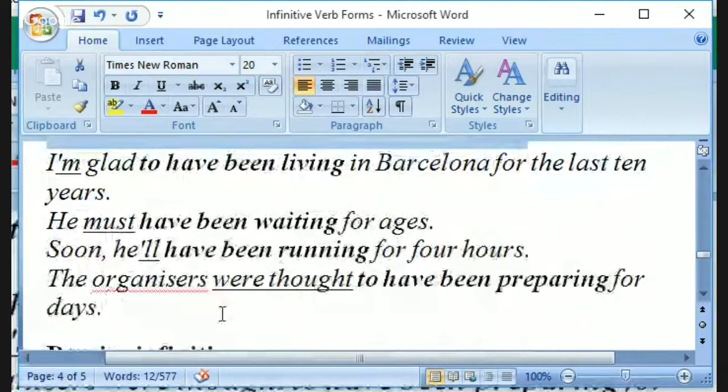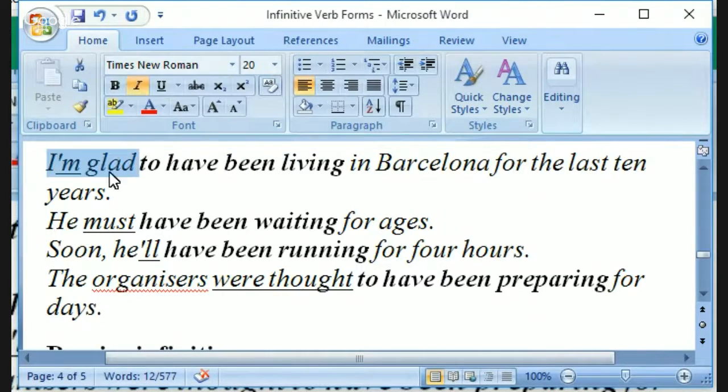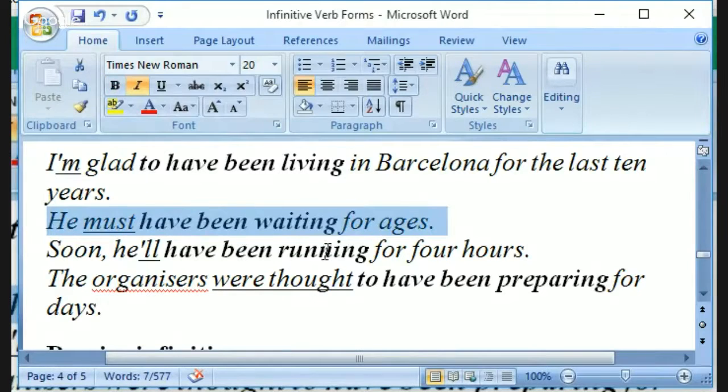Let's take a look. I'm glad to have been living in Barcelona for the last 10 years. I'm glad, present tense, to have been living in the past. He must have been waiting for ages. I really think this is the most common time that you see these different infinitive forms, used with modals.